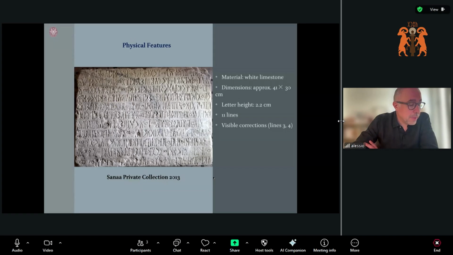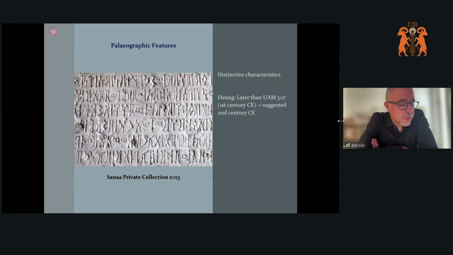From a paleographic perspective, this inscription exhibits several distinctive characteristics that merit attention. The script demonstrates general competence. The carver used the available space effectively and maintained well-aligned lines. However, certain letters display stylistic inconsistencies that are worth noting. For example, the letter Zain is formed with double strokes, while the letter Dal features an additional vertical stroke, which is already seen elsewhere.